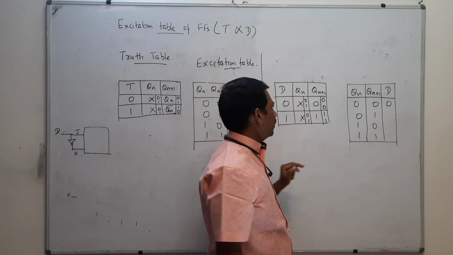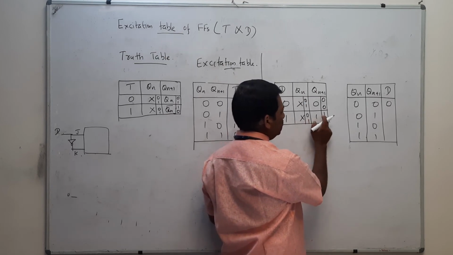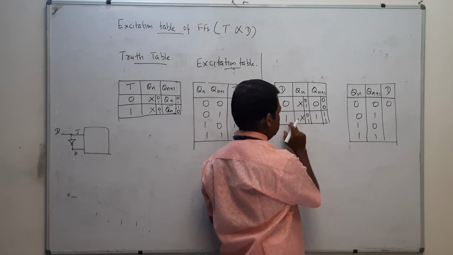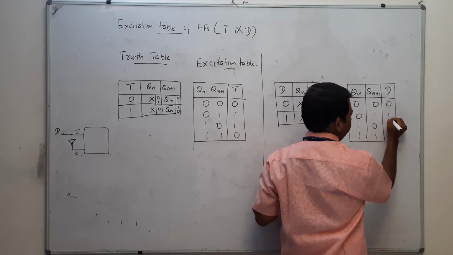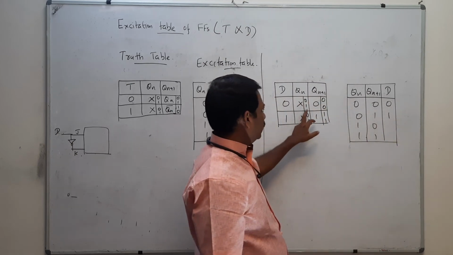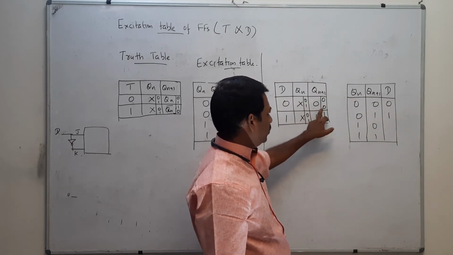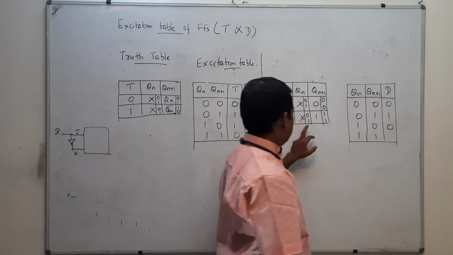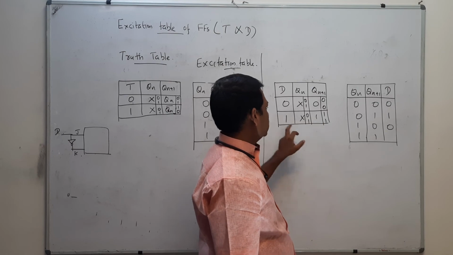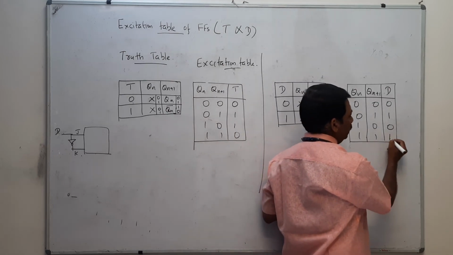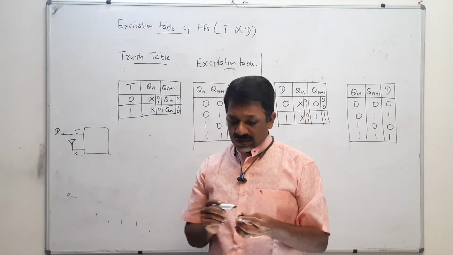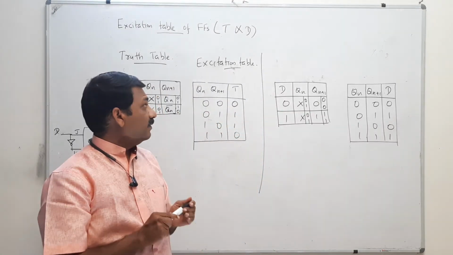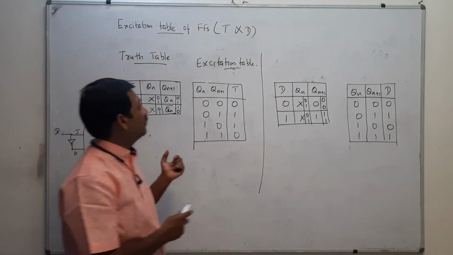For a 0 to 1 change, you should have D equal to 1. For a 1 to 0 change, you should have D equal to 0. And for a 1 to 1 change, you need D equal to 1. So this is the excitation table for T and D flip-flops.